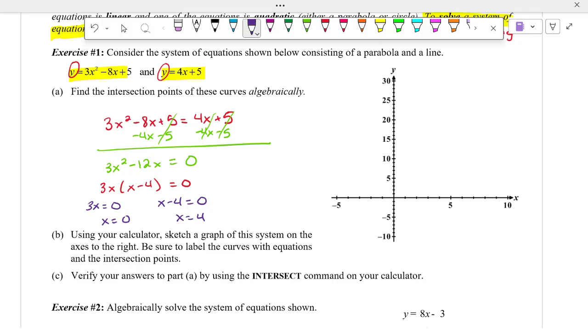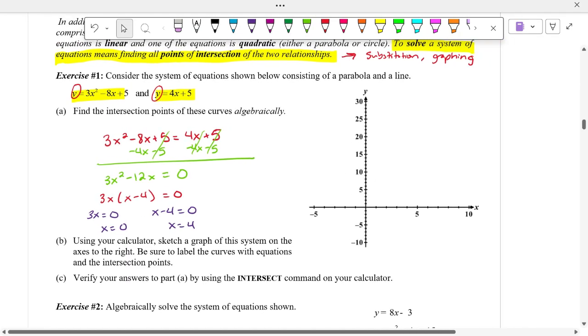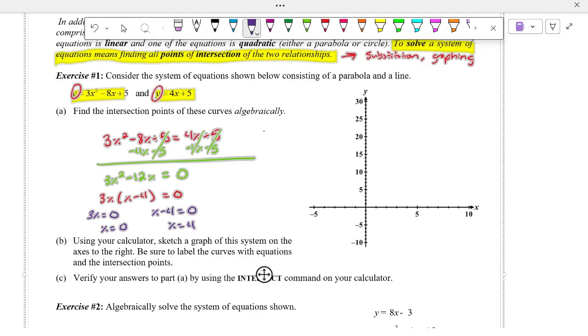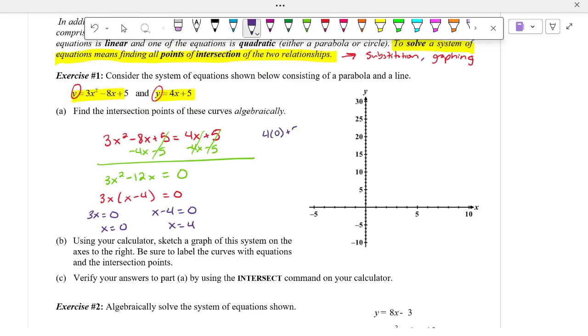Now, those are just the x values. How do I get the y's, you think? Plug them into one of the functions and then solve for y. So I recommend the linear one because it's easier. All right. So if I do 4 times 0 plus 5, that'll just be 5. So this would be at the point (0, 5). That's one of our solutions.